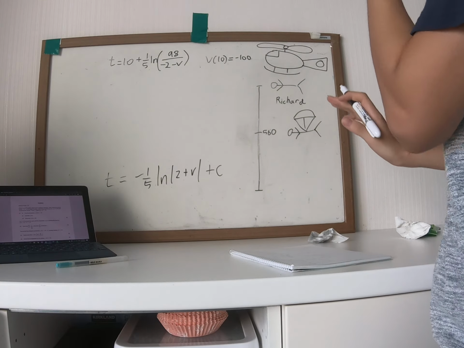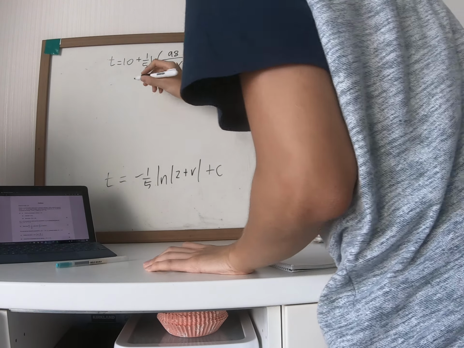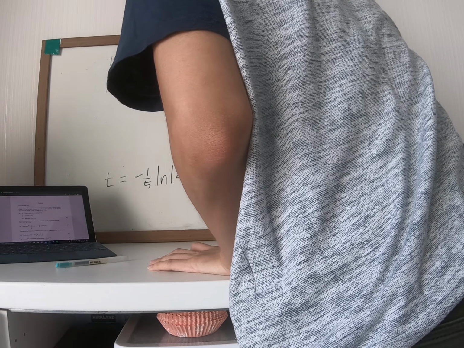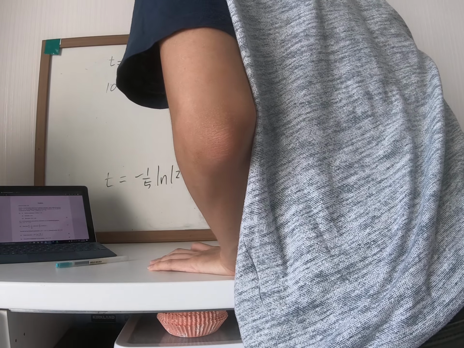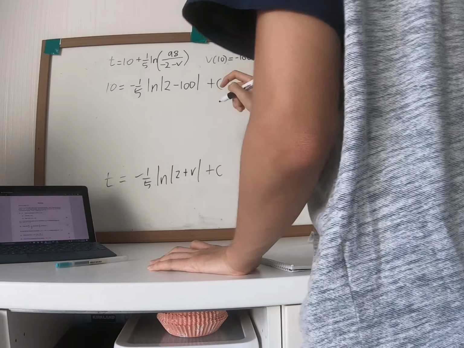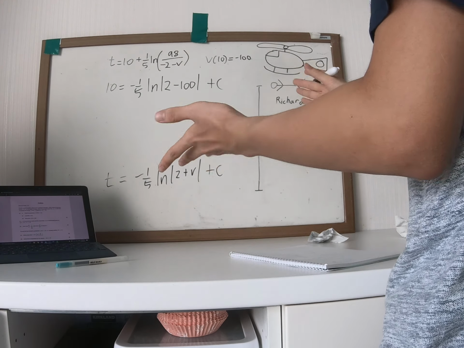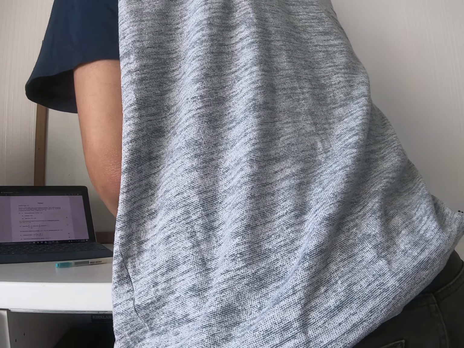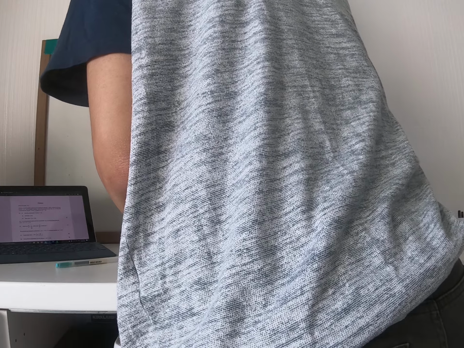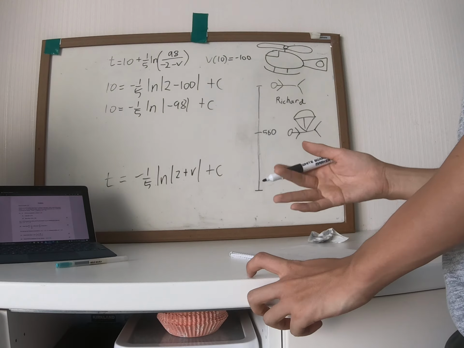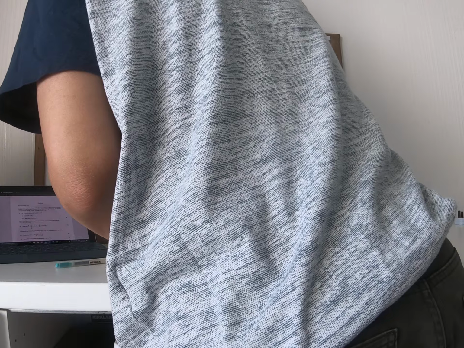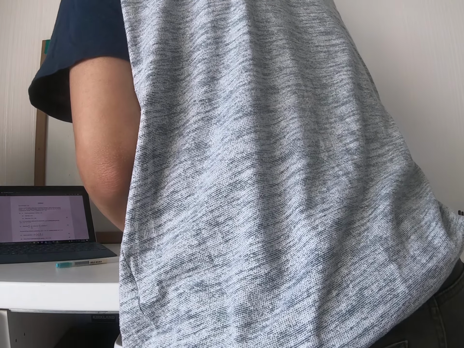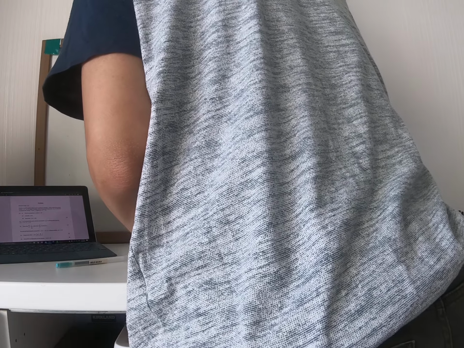Okay, so as I said, put in the 10 and negative 100. So 10 equals negative 1 over 5 ln absolute value of 2 plus negative 100, plus c. This is what we get. Now to simplify it a bit, 10 equals negative 1 over 5 ln absolute value of negative 98, plus c. Open the absolute value. 10 equals negative 1 over 5 ln 98, plus c.